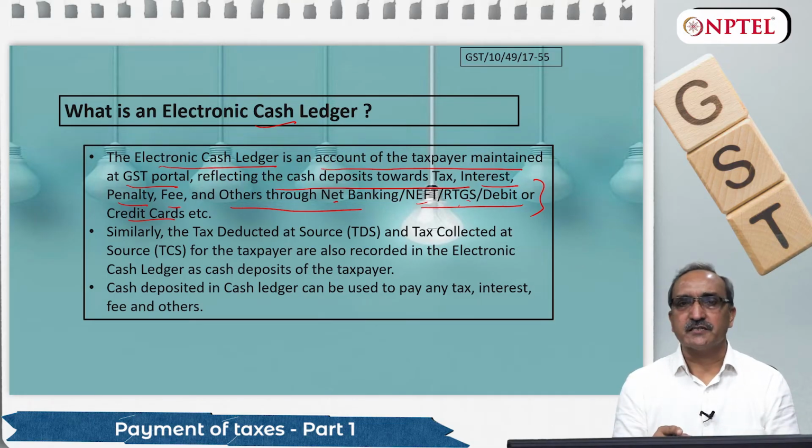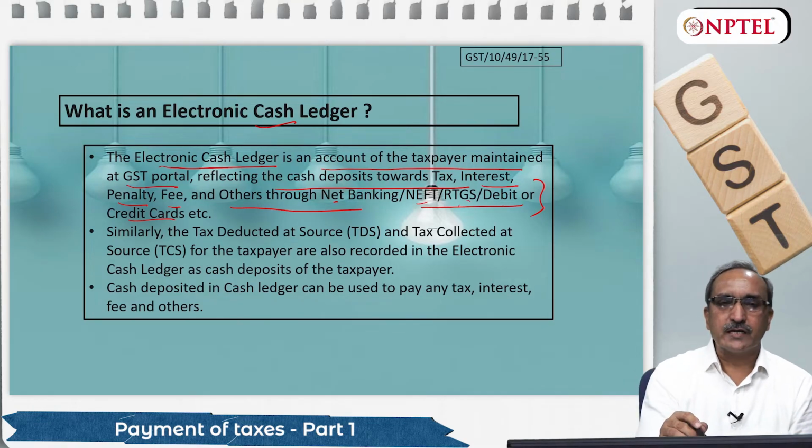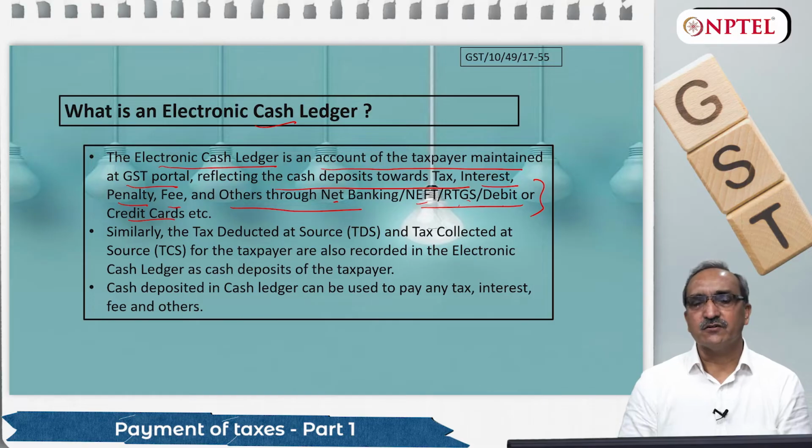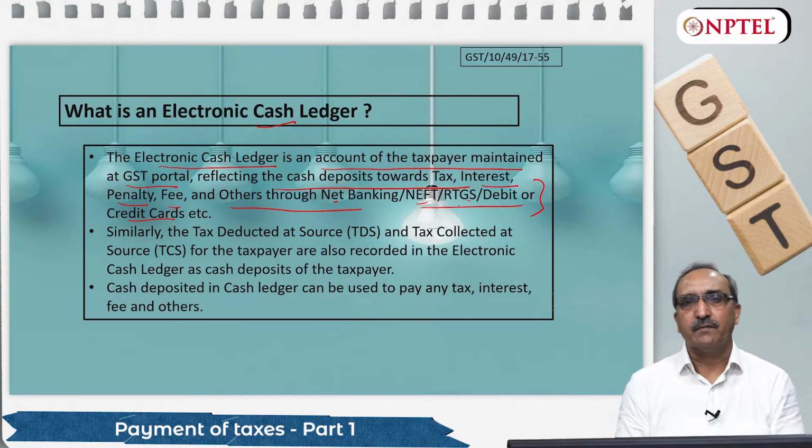So if you are operating in 7-8 states in the country, in each state you will have your credit ledger and cash ledger for that particular GST number, state wise. You can deposit cash there first, and from that cash you will set off your liability on the GST portal.